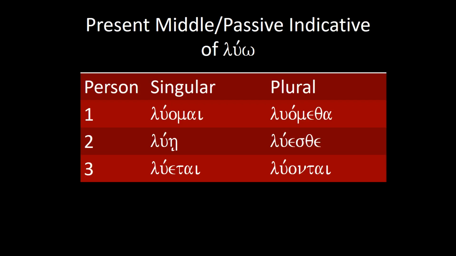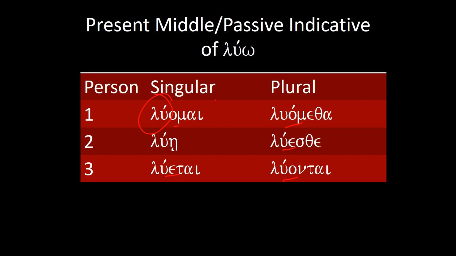So here's what the paradigm would look like. Luomai, lue, luetai, luometha, lueste, luontai. So let's look. Here's our stem, lu, that's the present stem. We have connecting vowel, omicron there, epsilon there, omicron, epsilon, omicron.